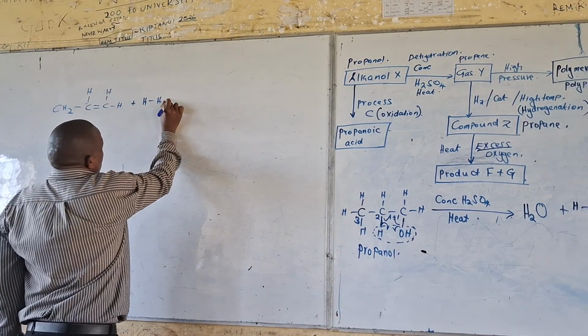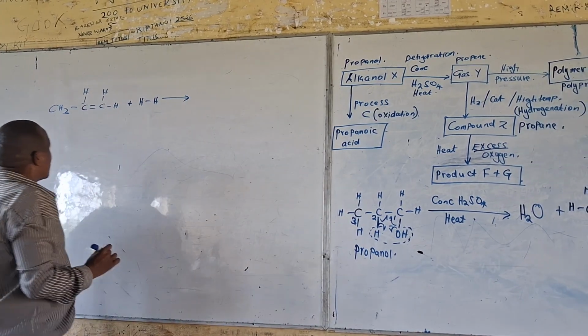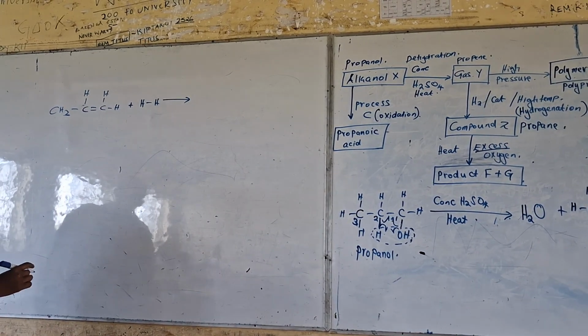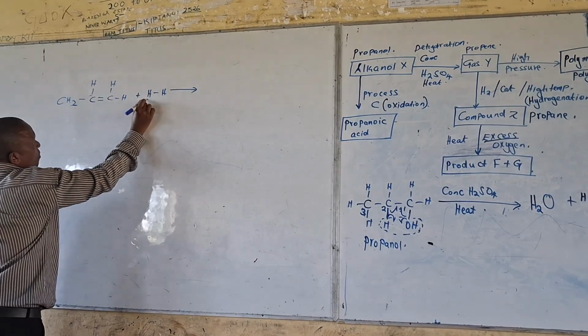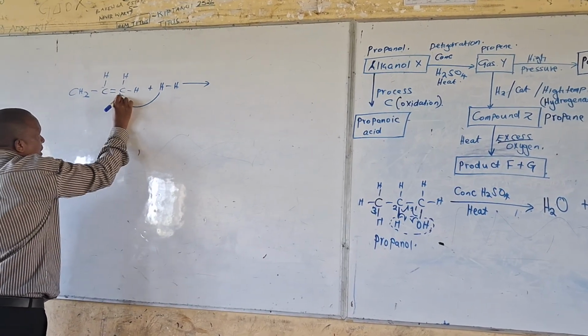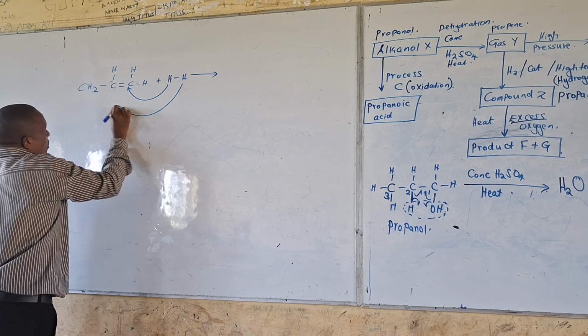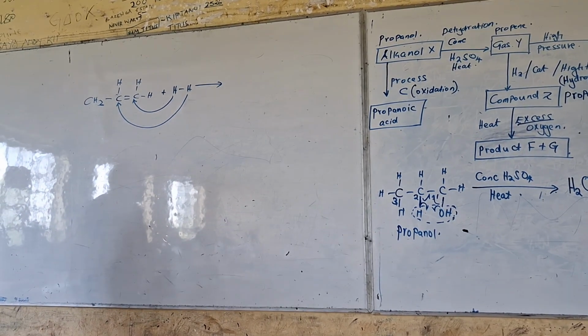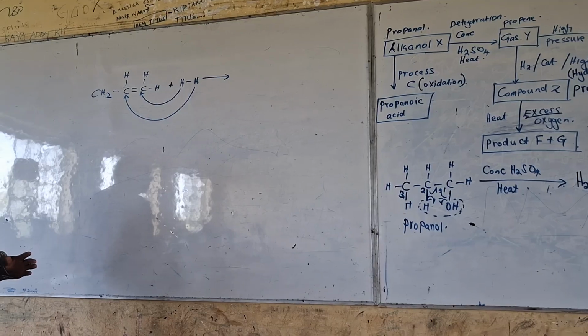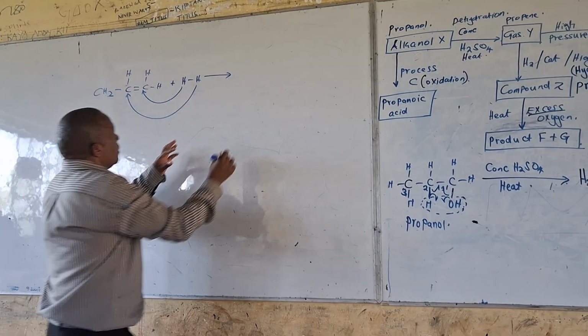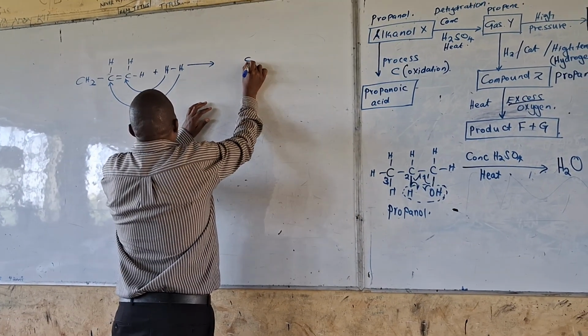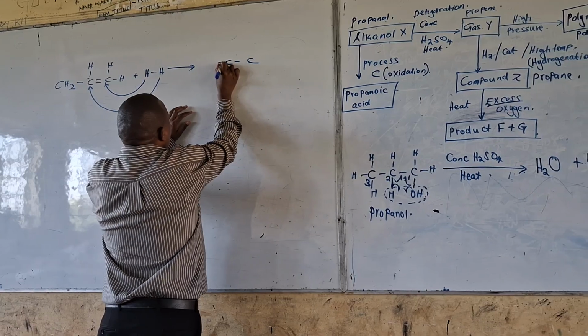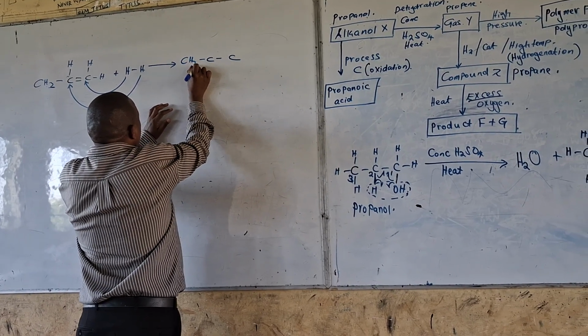Then, what do we form? We look at the product which is going to be formed. Now, one hydrogen atom will come here, and another hydrogen atom will come where? Here. Using the flow of the atoms. The atoms are moving like that. So what will be formed? You'll have now 1, 2. Here we have CH3.